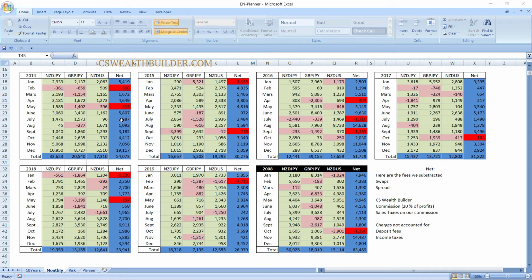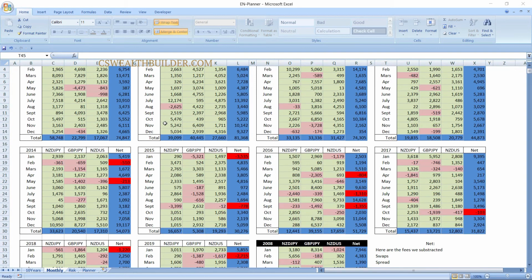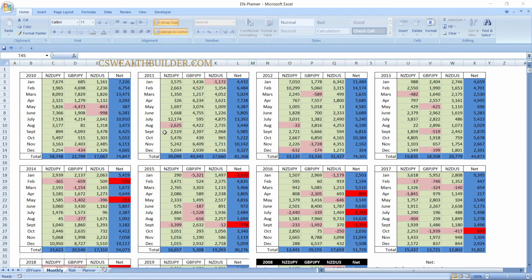So let's make a general rule that 11 months out of 12 are profitable. I think that's reasonable to say that. So now you got 11 months out of 12 that are profitable. That means the day that you're going to retire or decide to rely on the robot revenue, you can tell yourself that you're going to have a paycheck 11 months out of 12. Not bad at all. Really good.